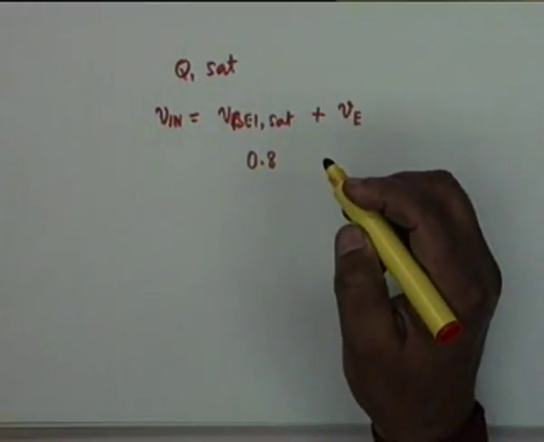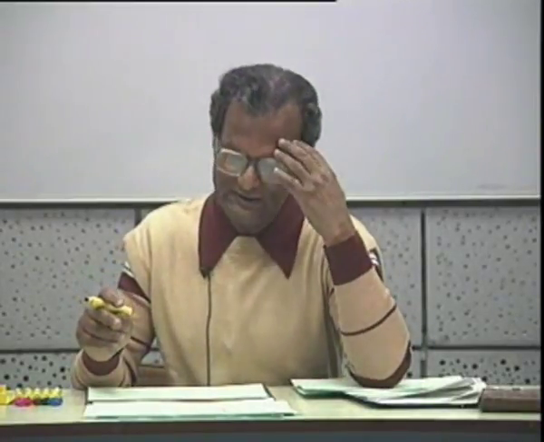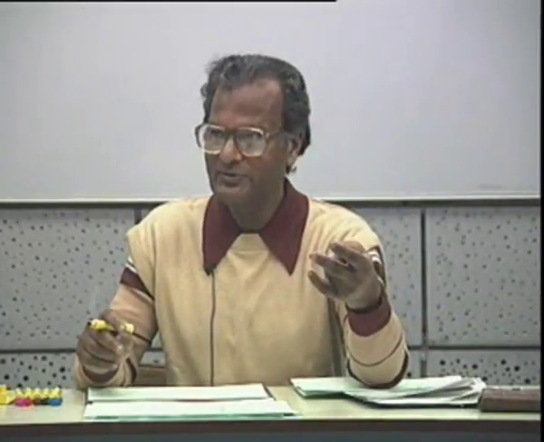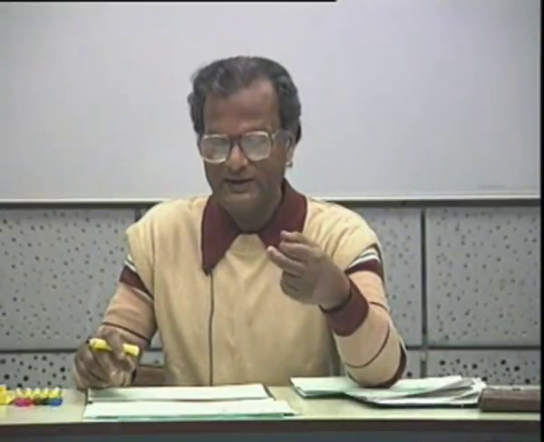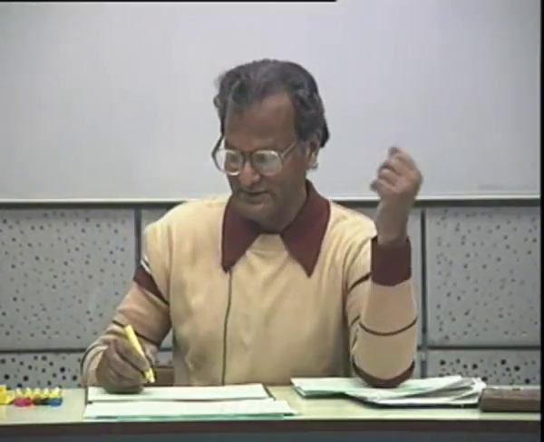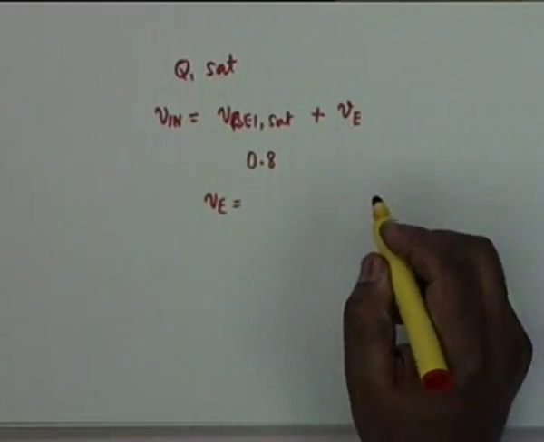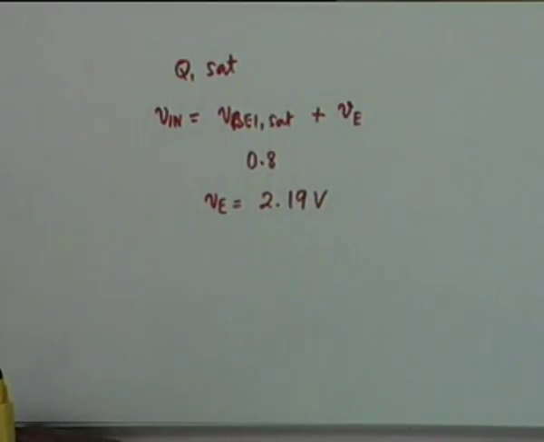Previously VE was 2.49 volt, and then you added 0.5 to it so as to make Q1 conduct and Q2 is put off. Now when Q1 is saturated, its VBE increases from 0.5 to 0.8, and therefore VE shall also change. Therefore VE becomes 2.99 minus 0.8, which means 2.19 volt. Is the point clear?